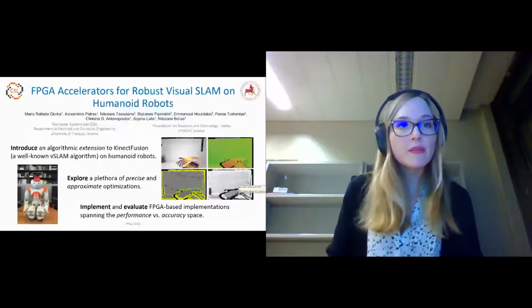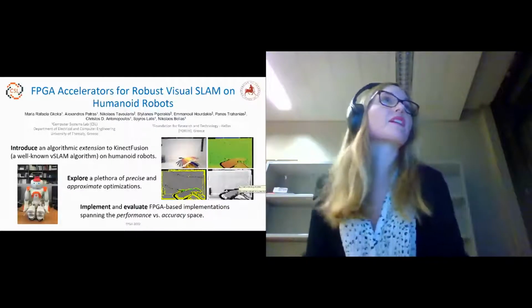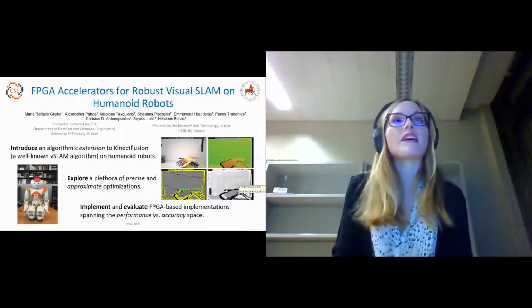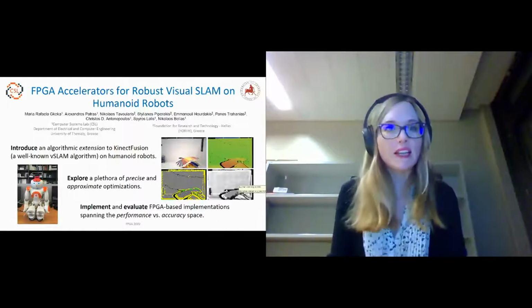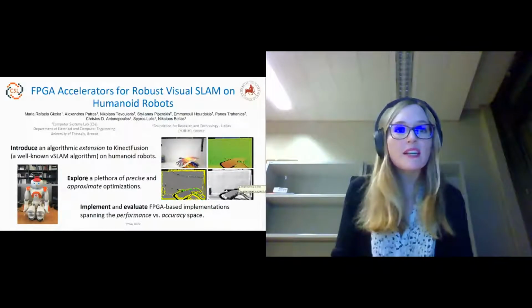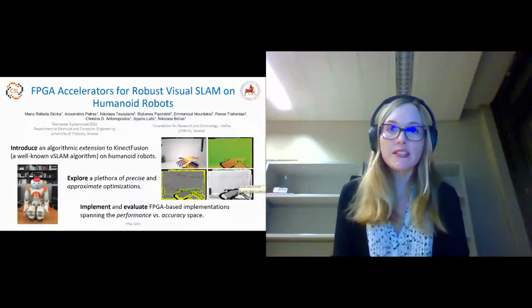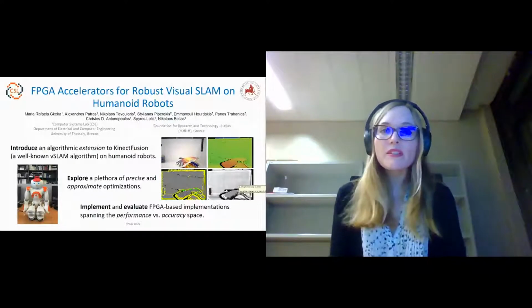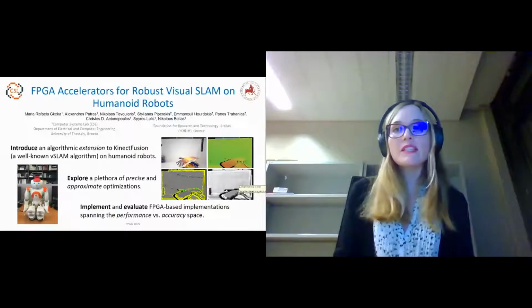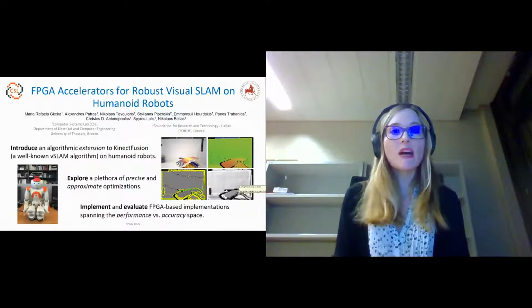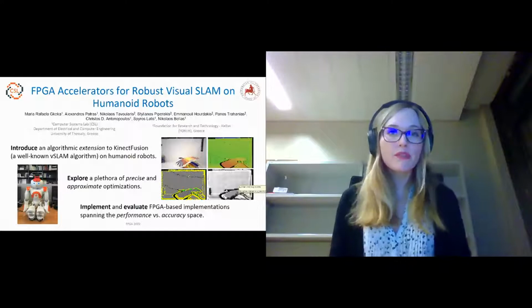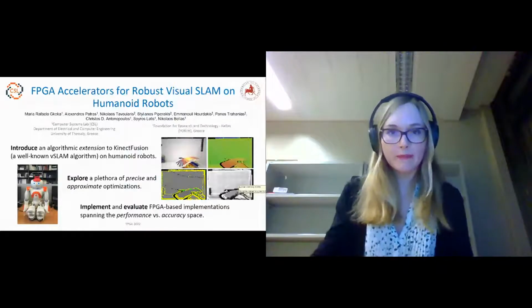Our next poster is from two Greek institutions, University of Thessaly and the Foundation for Research and Technology, Hellas. It studies visual simultaneous localization and mapping. This is the process of mapping the robot's environment using an optical sensor, while at the same time determining the pose of the robot with respect to that map.